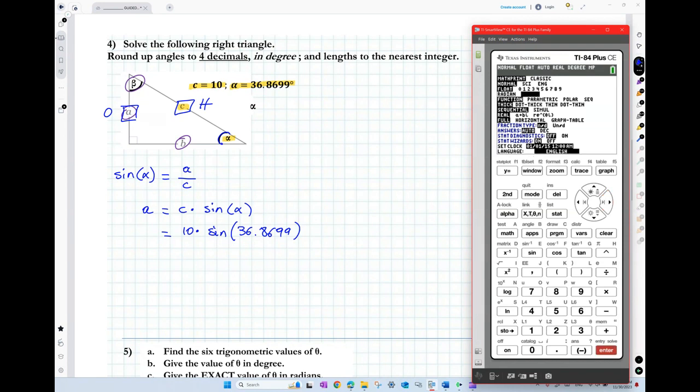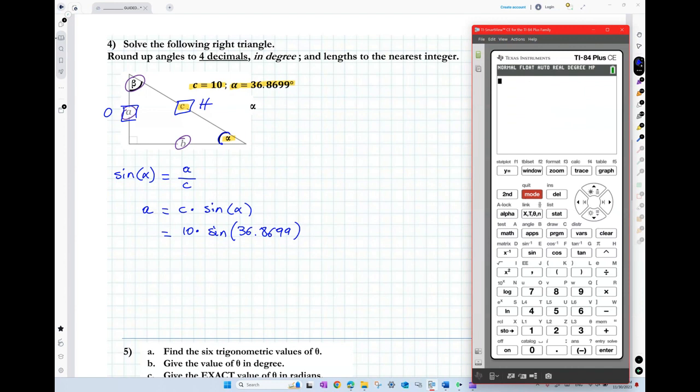So I press enter, and now I'm going to type that expression, 10 times sine of 36.8699, and I've got 6.000 and so on. Now it says for length to the nearest integer, so it's going to be 6.